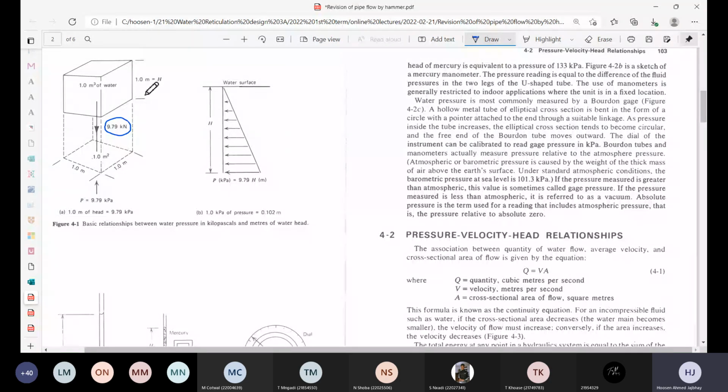The areas will cancel off. Even if it's 1 millimeter by 1 millimeter, it's just the height. It's a function of the height, not a function of the contact area with the ground, for that pressure. Hopefully that clarifies that for you.